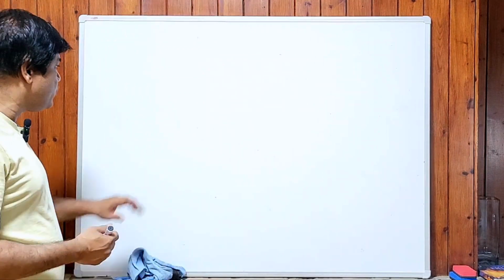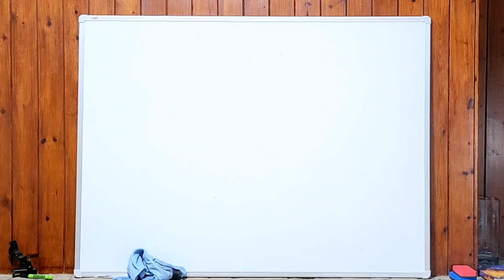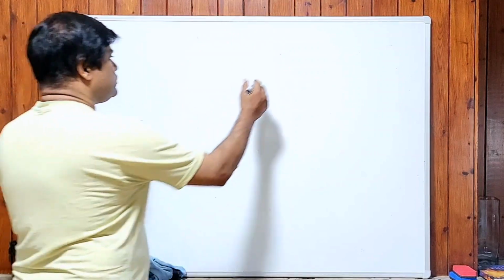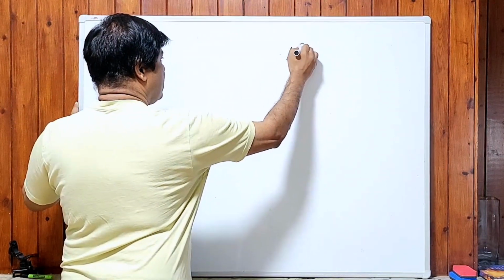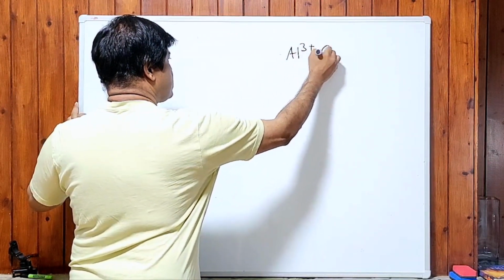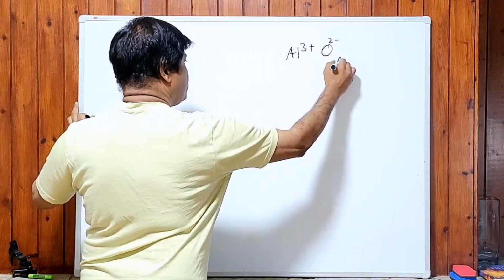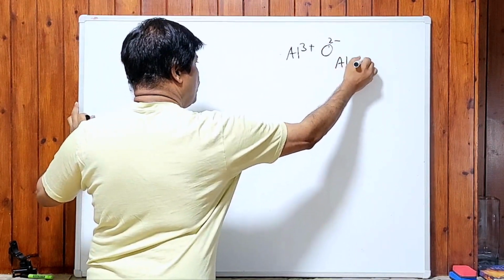Otherwise, we can't draw the dot and cross structure if we don't know the formula. Aluminum loses 3 electrons, oxygen gains 2 electrons. What is the formula? Al2O3.